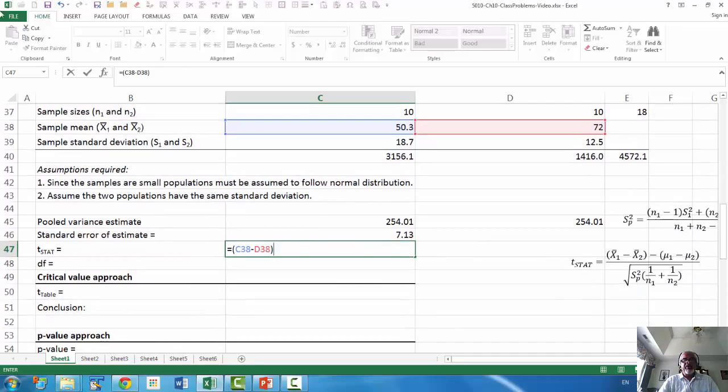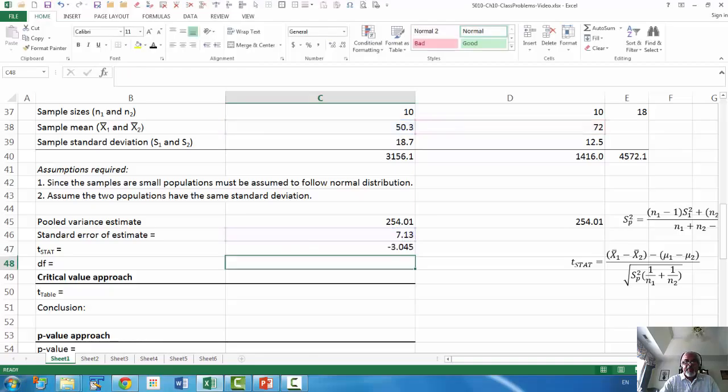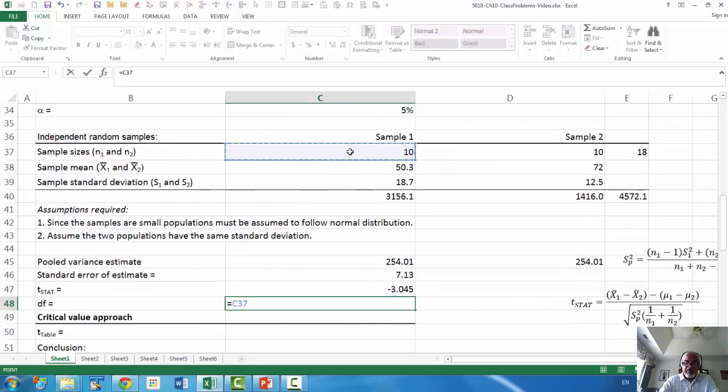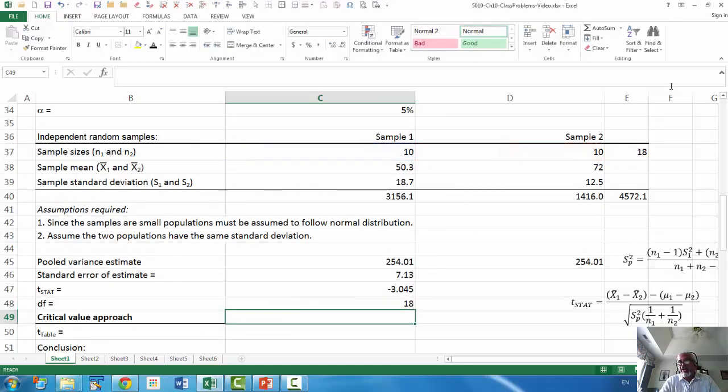So we have minus 0, we can skip that. Then divided by the standard error of estimate. That will give us the value for the T statistic. The degrees of freedom, remember, is n sub 1 plus n sub 2 minus 2, which we have here.